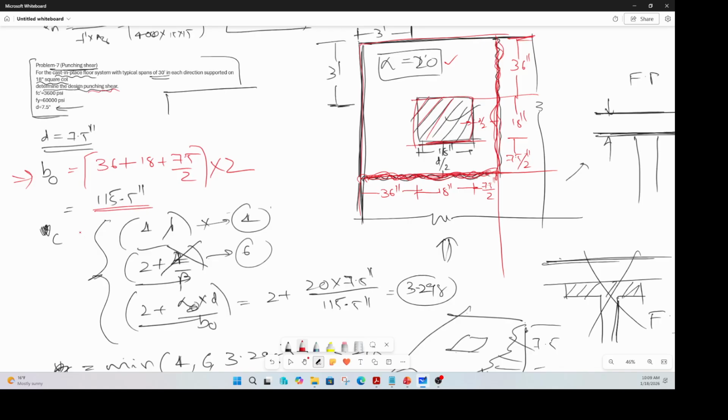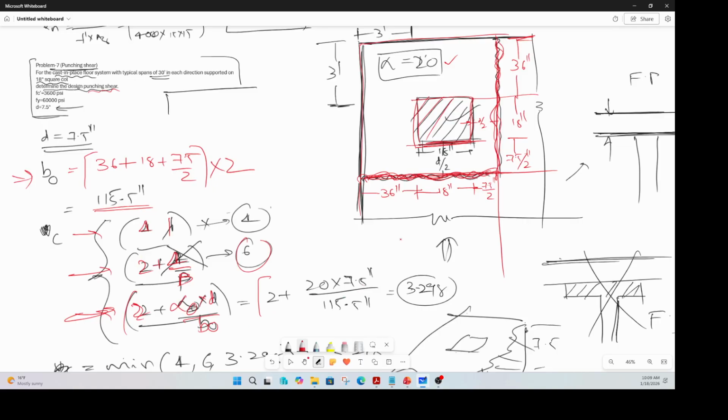Then we had to compare these three values in the code and pick the minimum. One is 4 lambda, one is 2 times 4 plus beta. Beta is the ratio of the long side of the column to the short side, in this case a square column, so beta is 1, which means this whole thing is 6. The other number is a function of alpha s, d, and b naught.